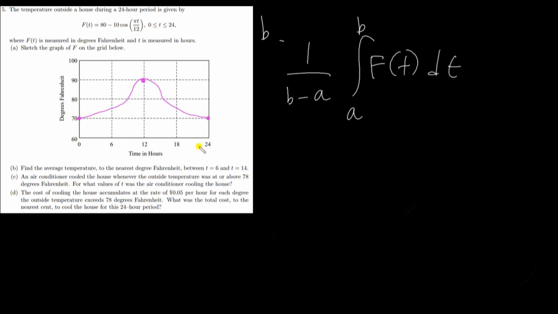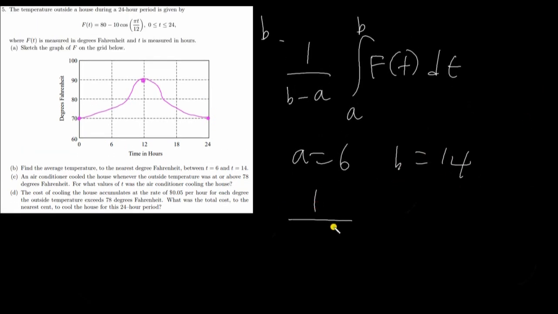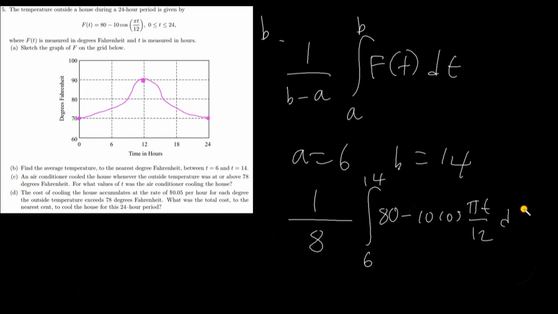And then I can plug in, since we're going from 6 to 14, a is 6 and b is 14. So now it's just going to be a matter of plugging in numbers, right? So this is 1 over 14 minus 6, which is 8. So 1 over 8 times the integral from 6 to 14 of f of t, so of this stuff, of 80 minus 10 cosine pi t over 12 dt.